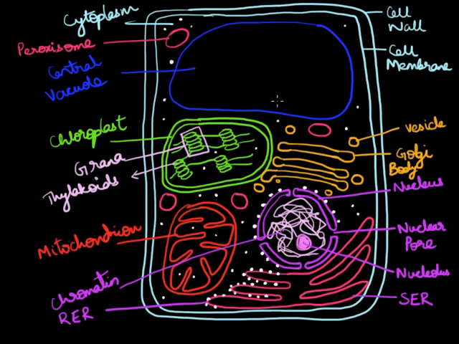Okay, another thing that is found in a plant cell are connections between two adjacent cells. So cells communicate with each other with the help of these connections, which are called plasmodesmata.